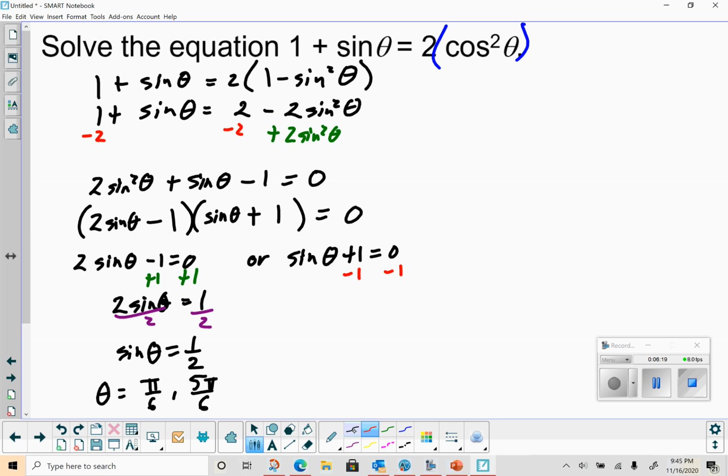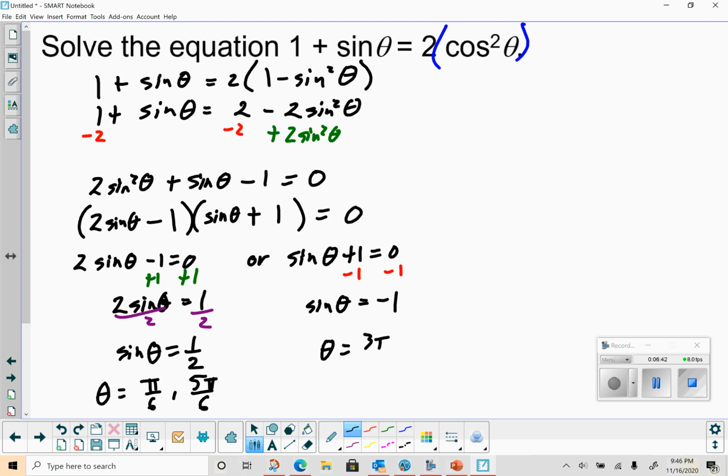Deal with the other factor. Now in this case, sine is equal to -1. That happens only once between 0 and 2 pi.